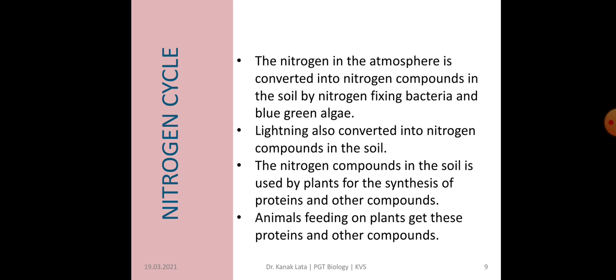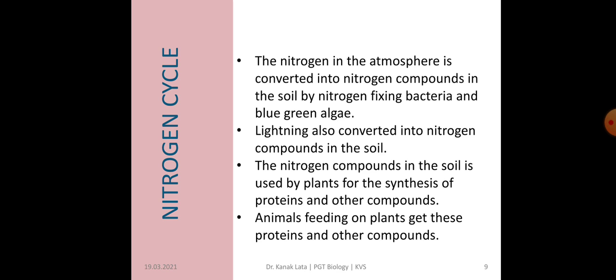So how does it enter into the body? The nitrogen in the atmosphere is converted into nitrogen compounds in the soil, and this is done by nitrogen fixing bacteria and also blue-green algae. Sometimes lightning also converts nitrogen into compounds in the soil.